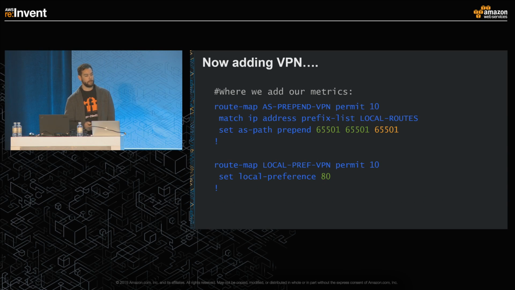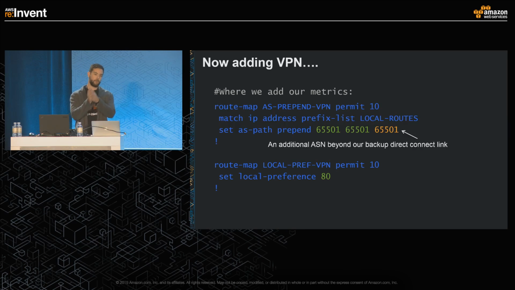So if we look at those route maps, we've got our AS prepend VPN, and I'm adding an additional autonomous system number on this guy. So remember, our secondary had 2, so a total of 3. This guy has 3 getting added to a total of 4, so he's even less preferred than the secondary BGP link. So the failover should start on the primary, and the primary will always be preferred because of the 1 AS.